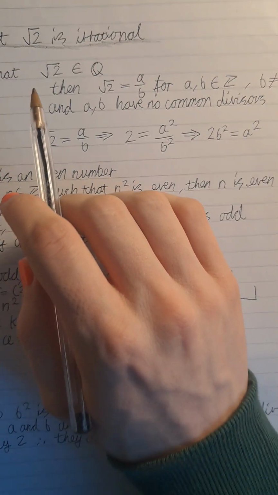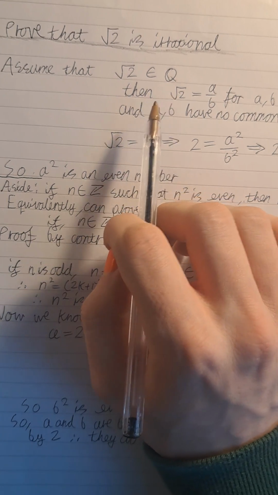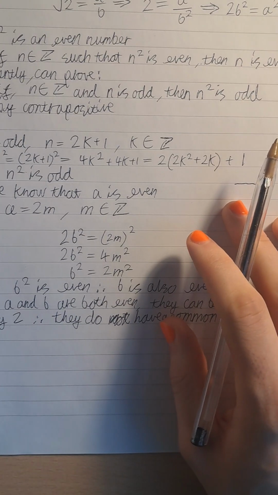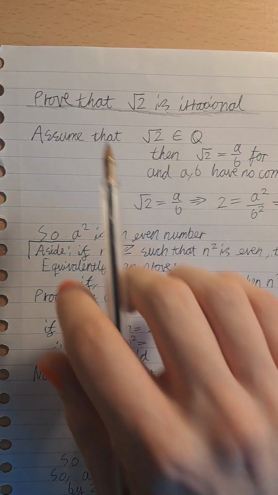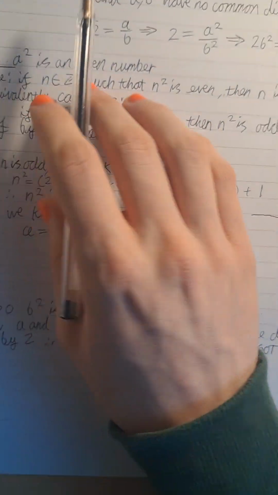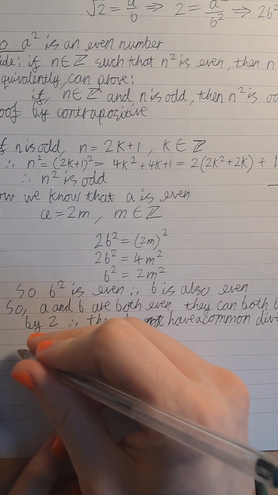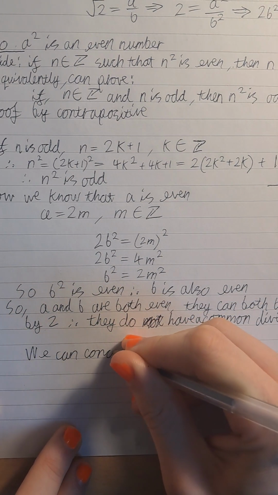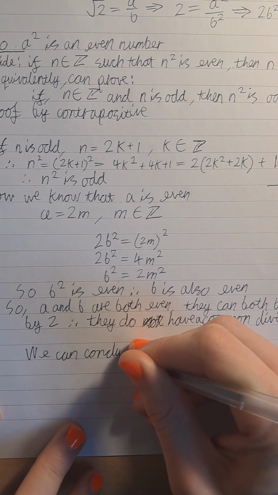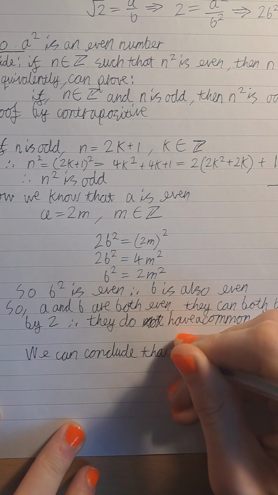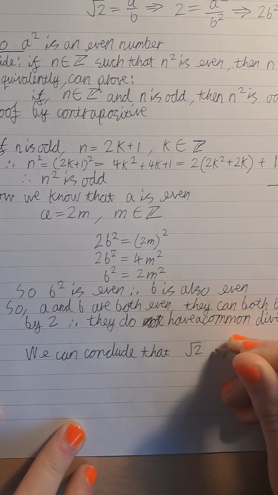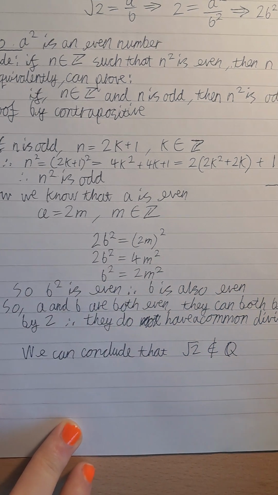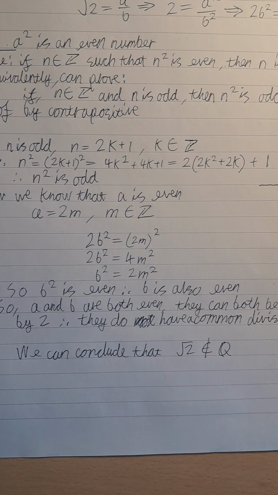So we've contradicted this assumption up here, which means that we've proved our original statement that root 2 is irrational true. So we can conclude that root 2 does not lie in the set of rational numbers. Lovely, and that's it.